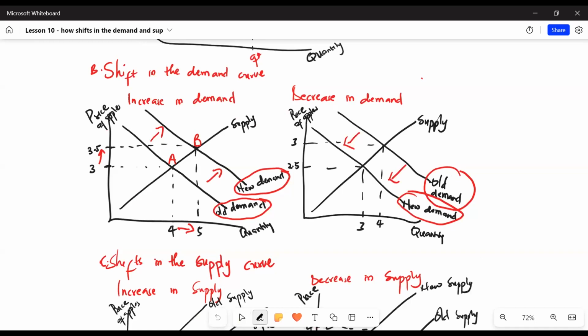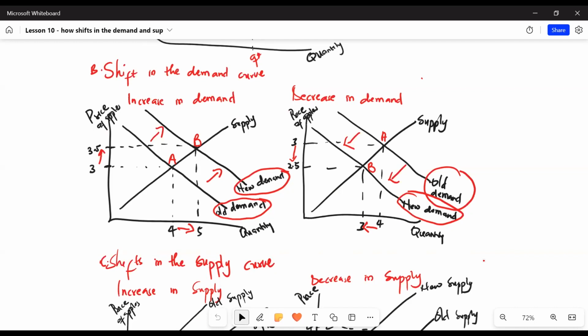That moves us from equilibrium point A to a new equilibrium point B, which is the intersection of our new demand curve and our supply curve. That results in equilibrium price reducing from 3 to 2.5 and equilibrium quantity reducing from 4 to 3.